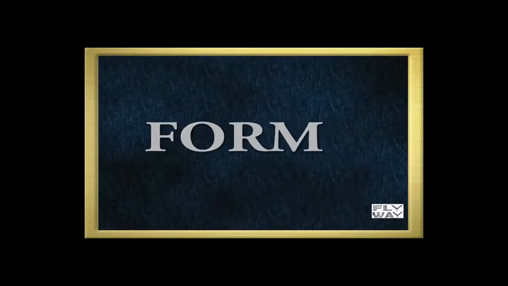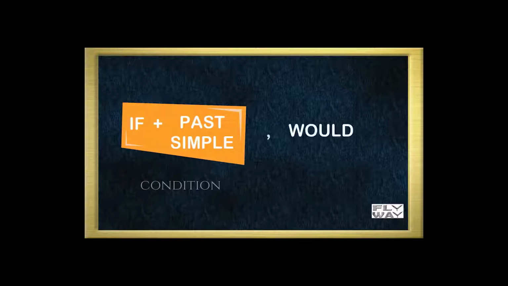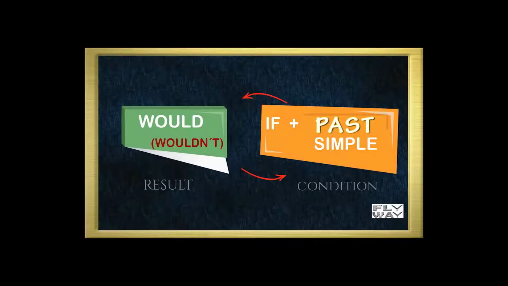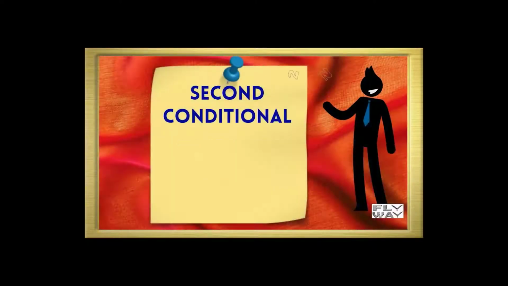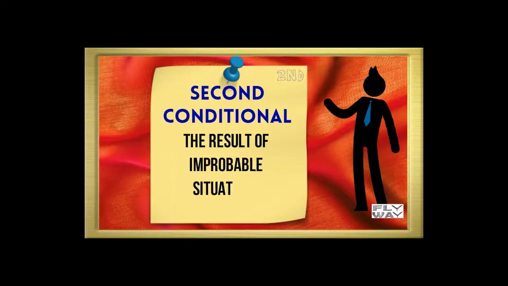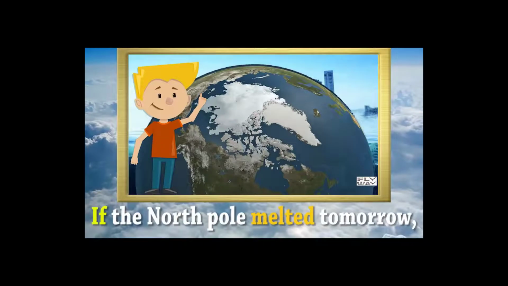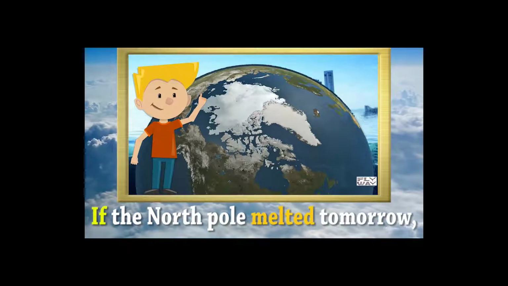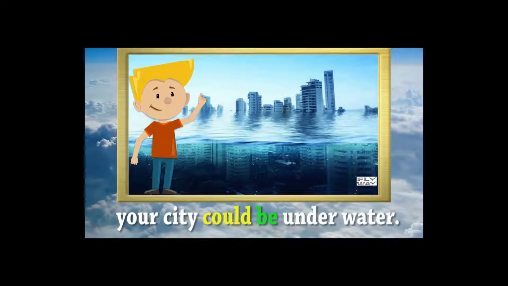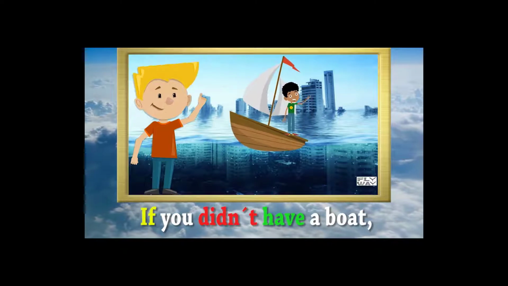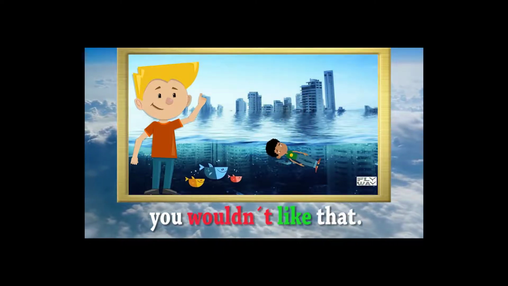Second conditional. If and past simple in condition, and would or wouldn't in result. The result of improbable situations. If the North Pole melted tomorrow, your city could be underwater. If you didn't have a boat, you wouldn't like that.